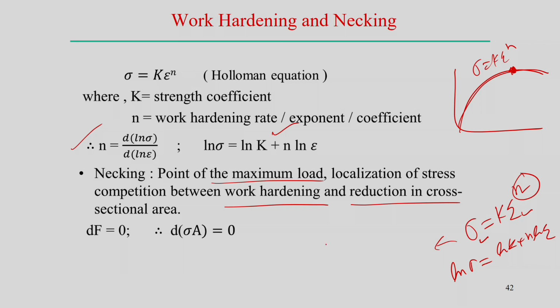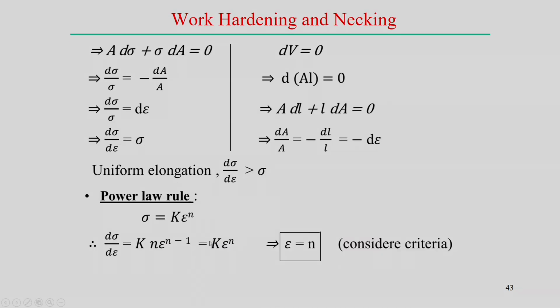Therefore, at this necking condition mathematically we find that the change of force is zero, dF equals 0. That means the slope equals 0 at this point. Now, F is the stress times the cross-section area, so d(sigma A) equals 0, which is the condition of necking. This can be written as A d sigma plus sigma dA equals 0.